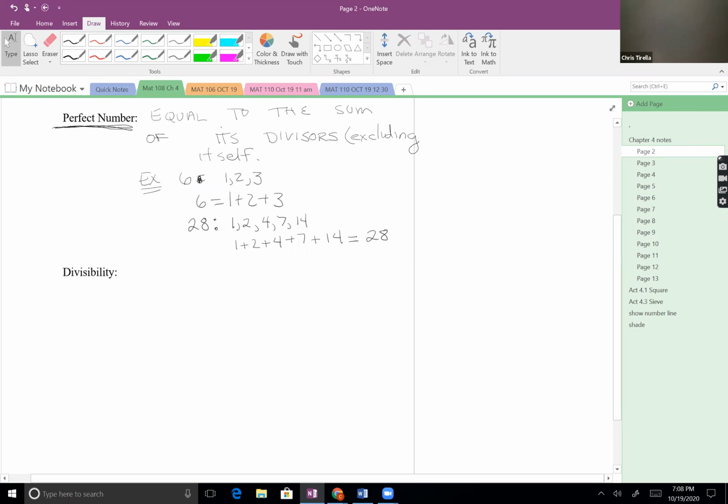In our study of number theory, we're going to spend a lot of time looking at divisibility.